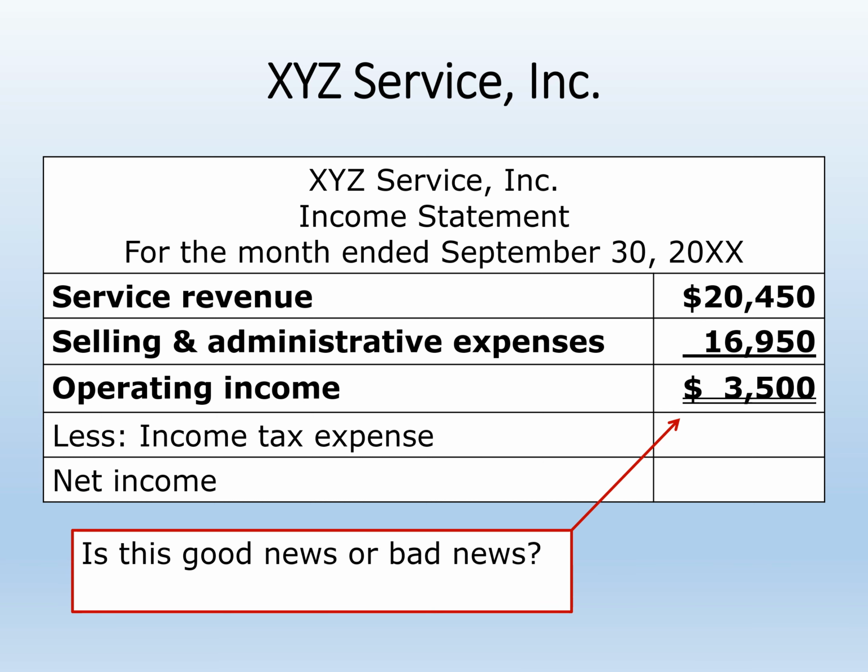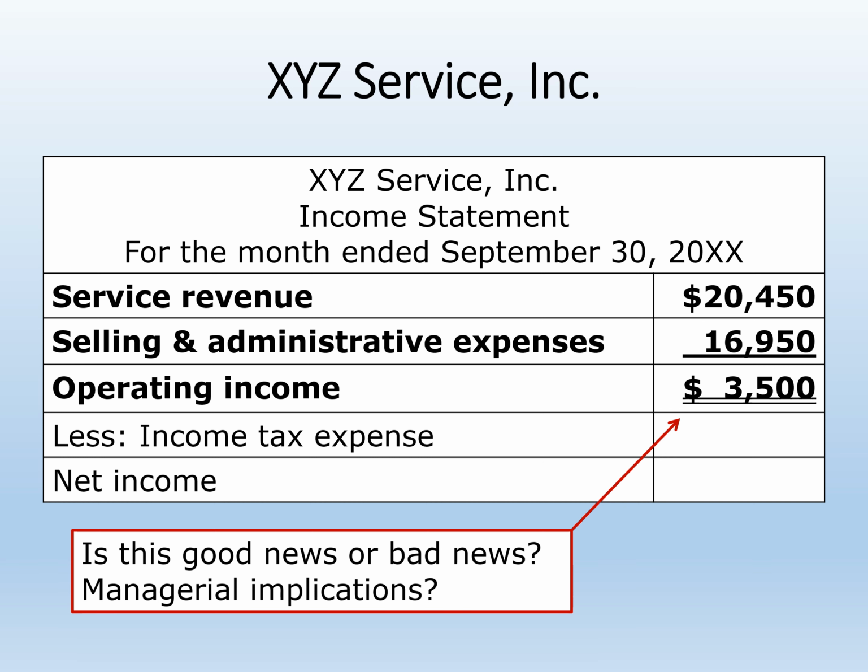So, is this amount of operating income good news or bad news? And the answer is, it depends. It depends on how much operating income the firm was expecting to generate this month, and it depends on any changes in the economy or in XYZ's particular business segment.